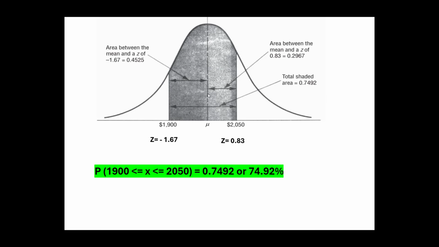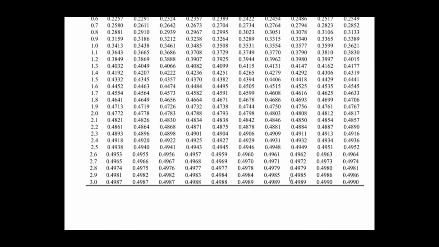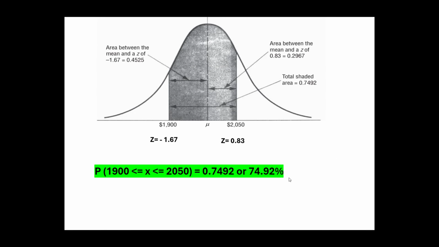So you see here 0.4525. So this area will be 0.4525. This area will be 0.2967, and we want the total area between these two, which will be 0.7492. Hence our answer is 0.7492 or 74.92%. So this is the example when we are drawing a sample from a normal population.